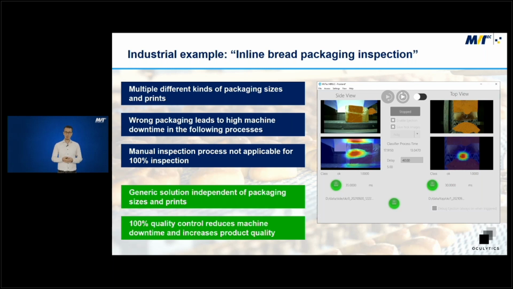It's a 100% generic classifier. And with this system, we can lower the downtime of the system, and at the same time, we can raise the quality of the product itself. It's a win-win situation for everyone in this chain.